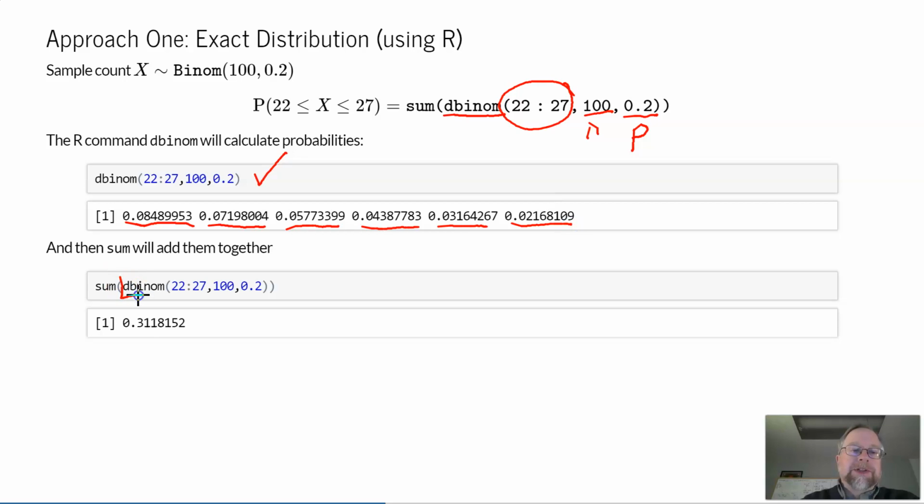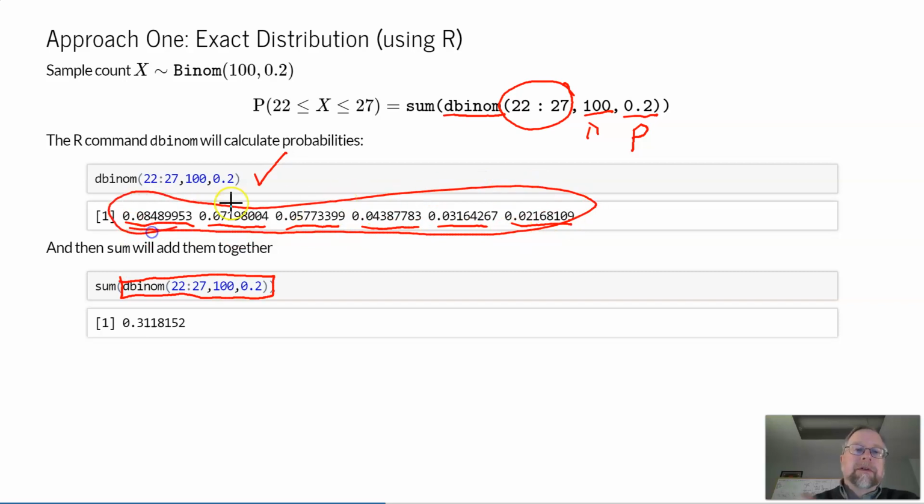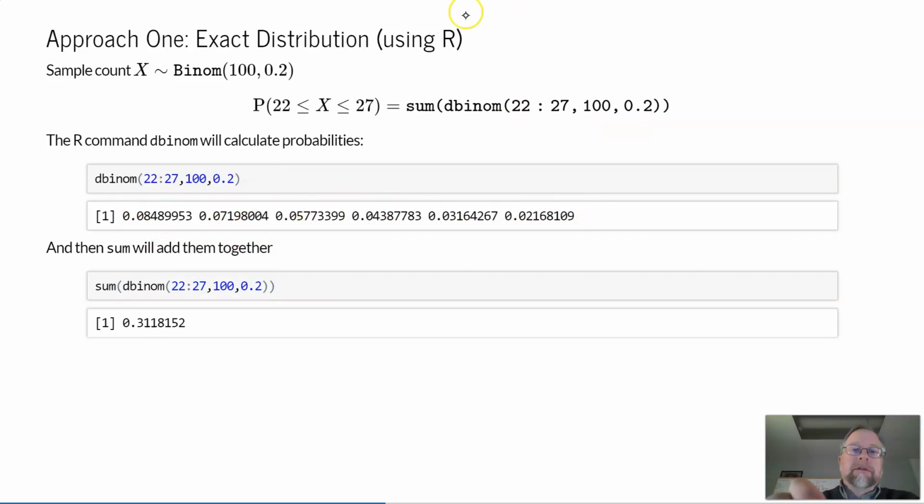So that expression is this collection of numbers in its entirety. Let me switch to a cooler color. And if I sum them up, then I'll get my 0.311852, a more exact example.